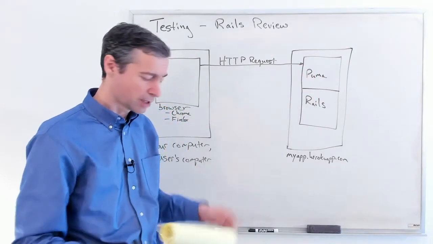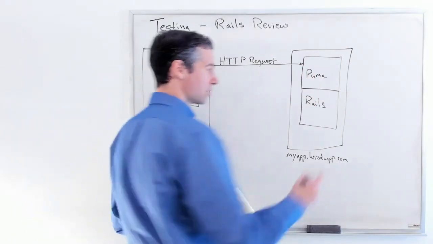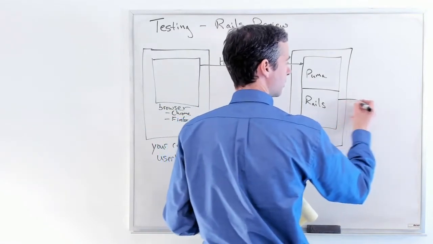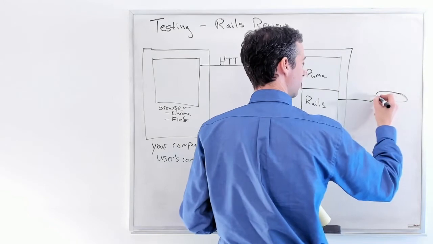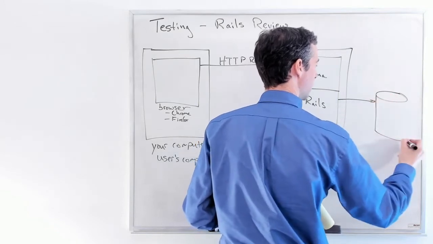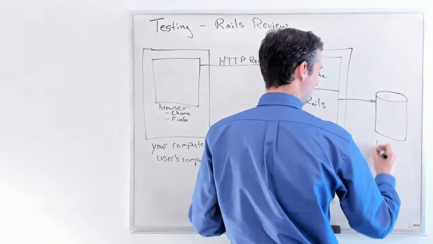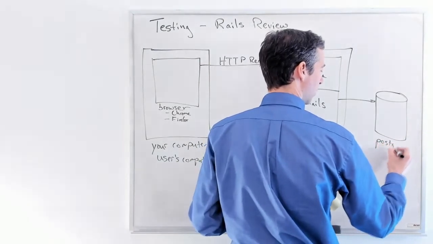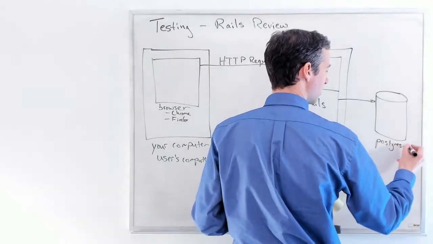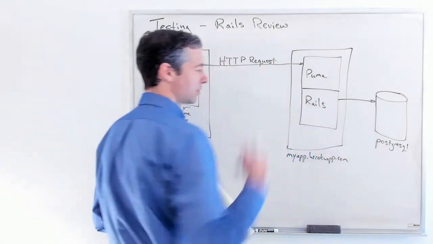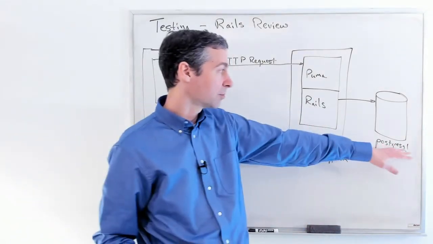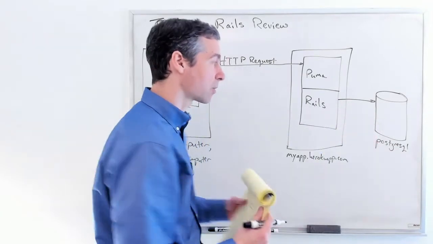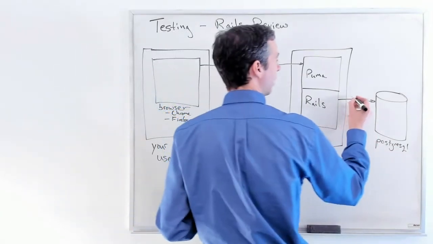And Rails, in its processing of it, is quite likely, because we built it this way, it's got to be a really cool app, so it's got to have a database attached to it. The database could be running on the same machine, but it's most likely hosted on another machine somewhere. And so this is a network connection that it makes.